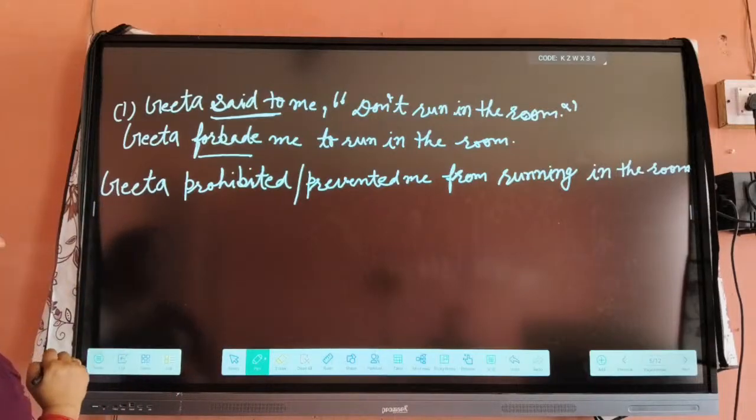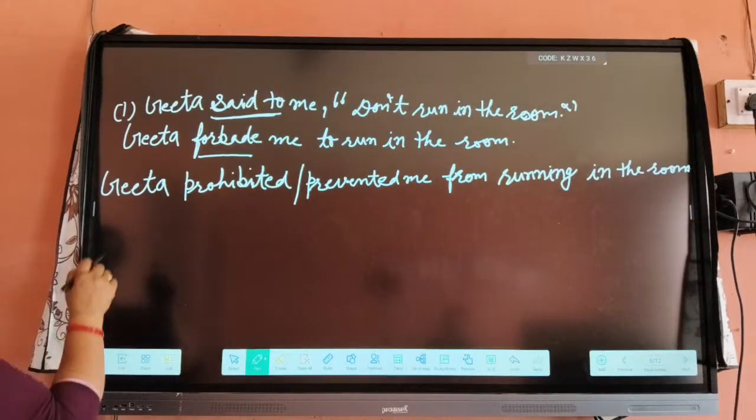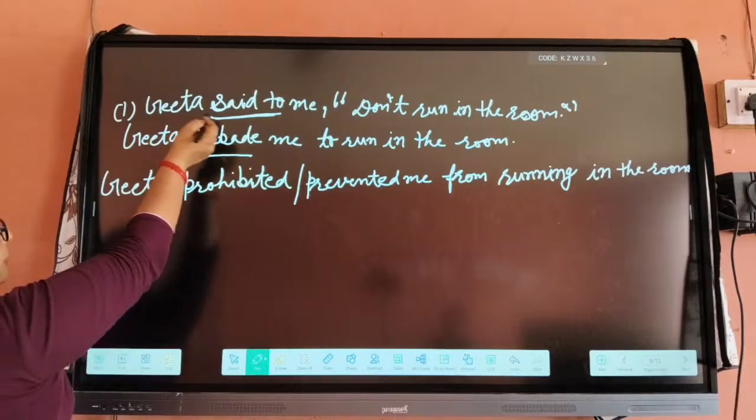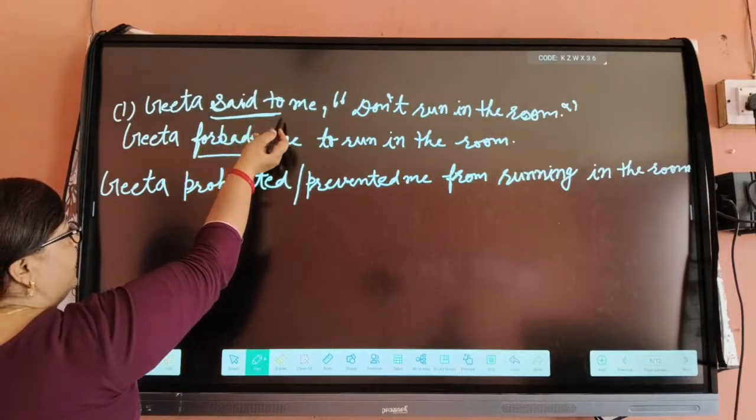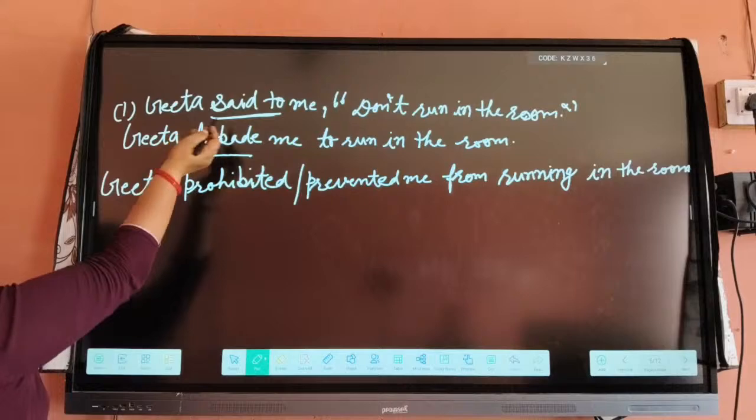Now we can see that there are three ways for a negative command sentence. And if we change this "said to" into "asked" or "told" also, how will we change?